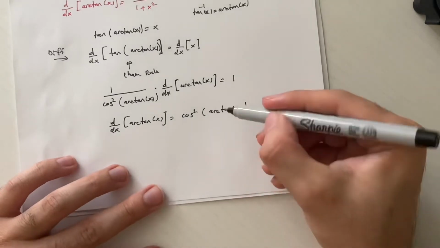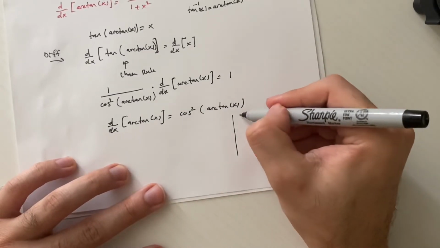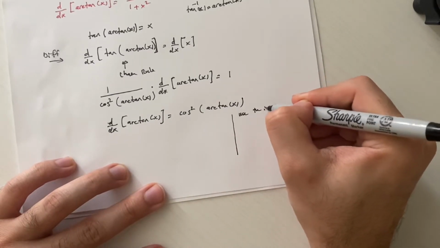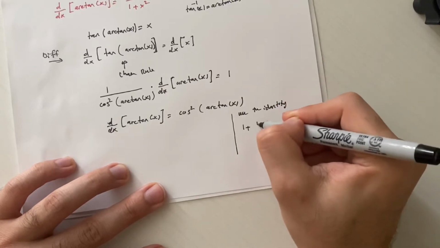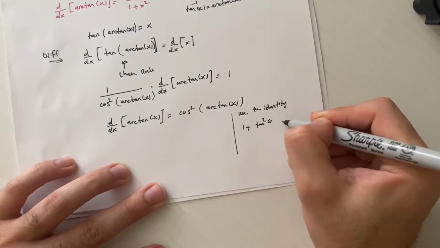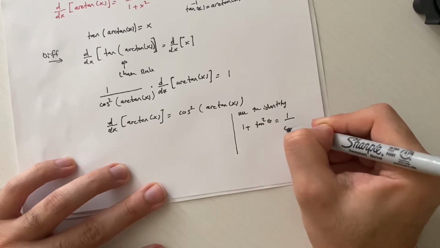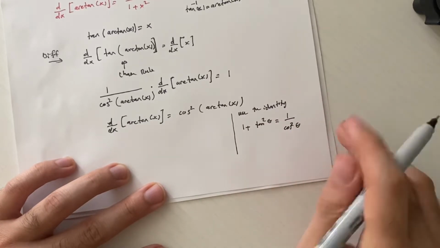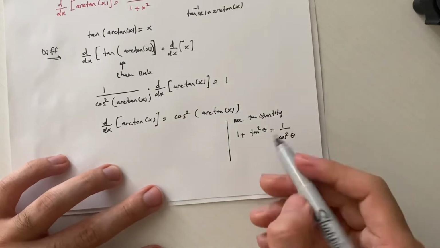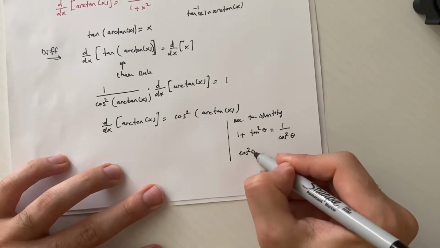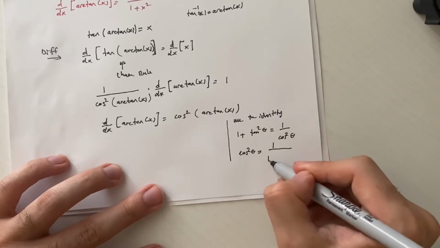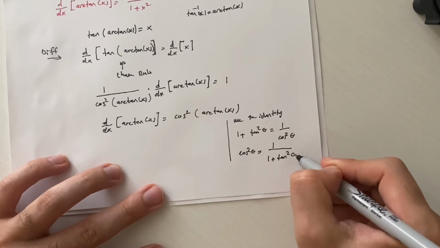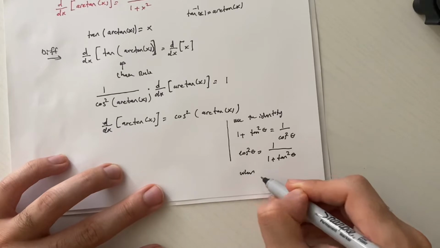Now what we can do is use a trig identity. That's going to be 1 plus tan squared theta equals 1 over cosine squared theta. Now we want to solve for cosine squared of theta, therefore it's going to be 1 over 1 plus tan squared of theta.